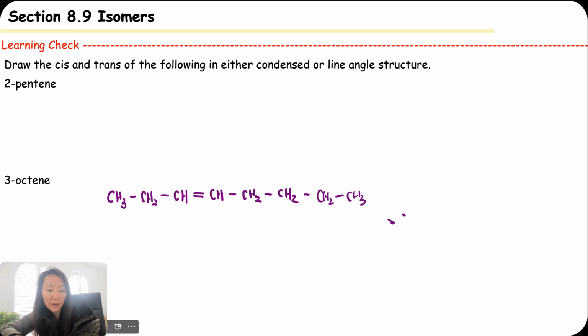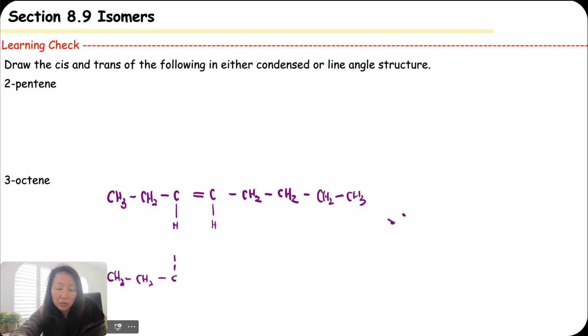One way to write this is having the hydrogens on the same side, either both on the bottom or both on top. If I were to draw a trans one, it looks very similar to this, except the hydrogen is on top for one and the other one is on the bottom.